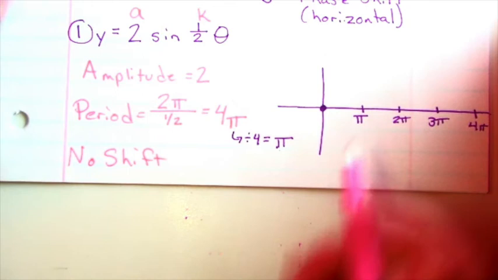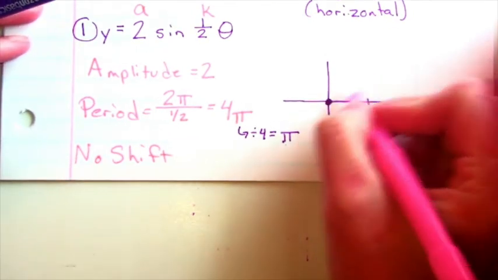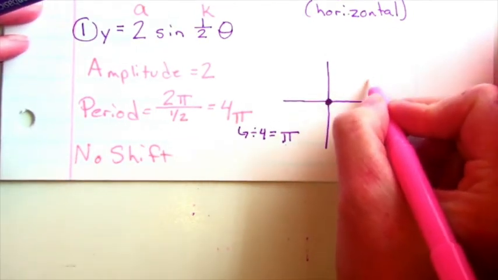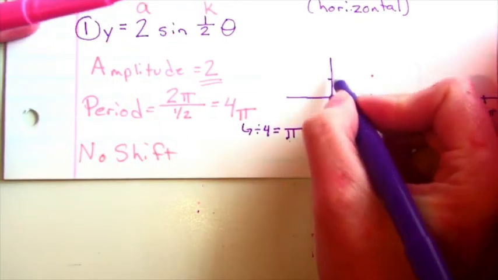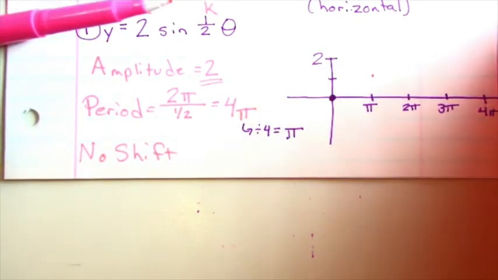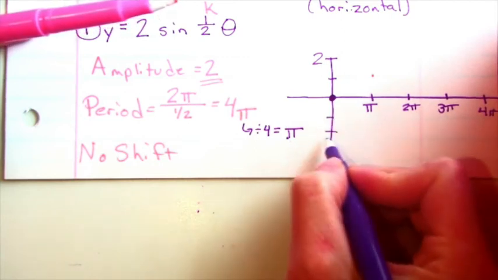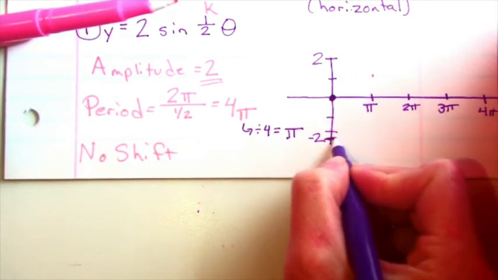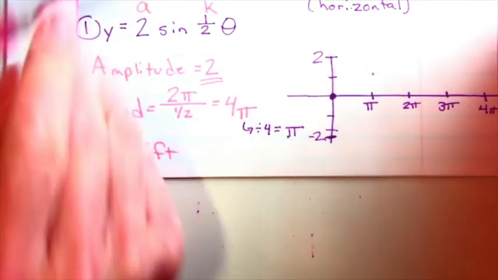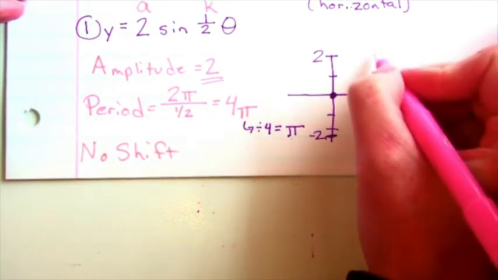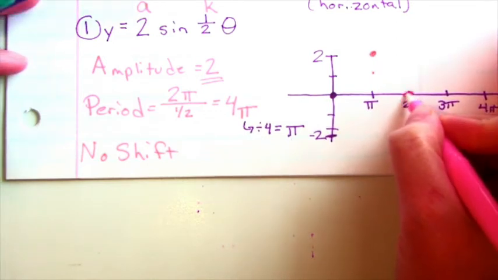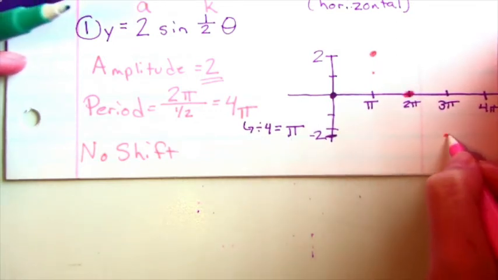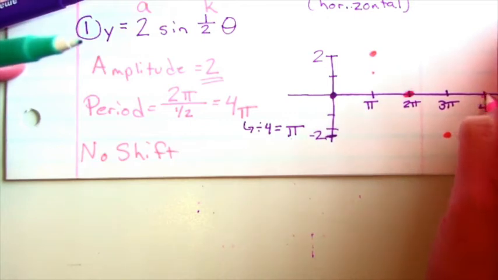So we're going to start at 0, and then we're going to move up to 1. Oh, sorry, 2, because my amplitude is 2 this time. So it's going to move up to 2. So 0 to 2, back to 0, down to -2, and back to 0.